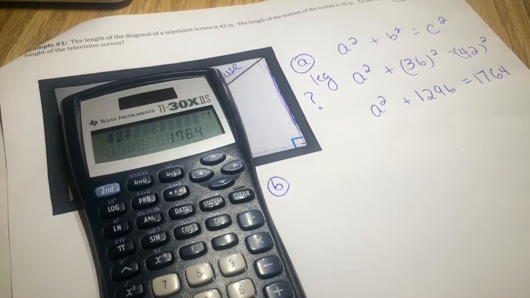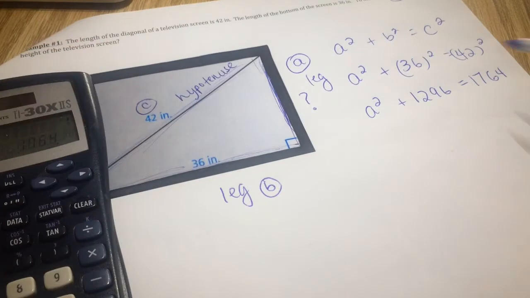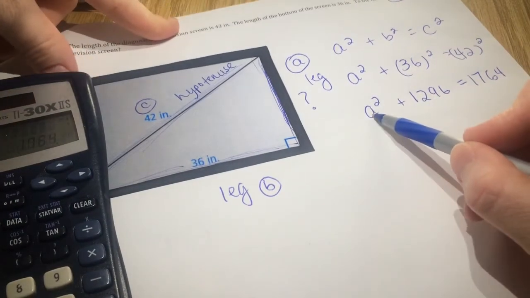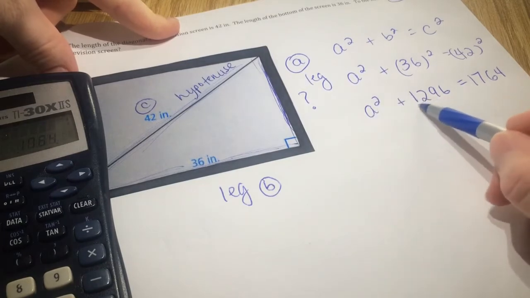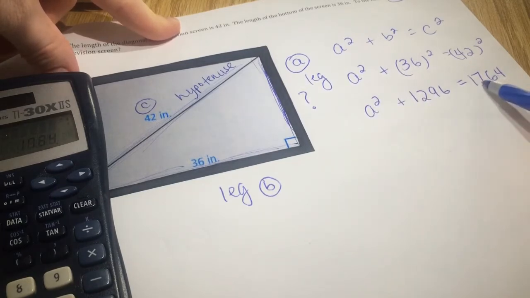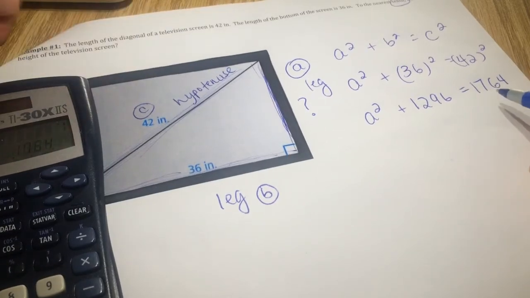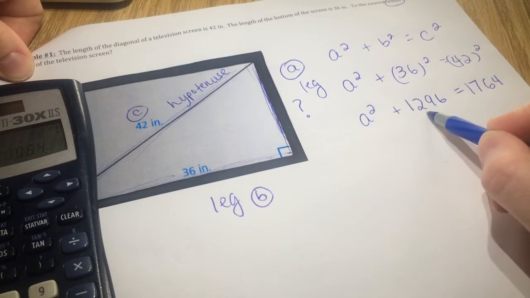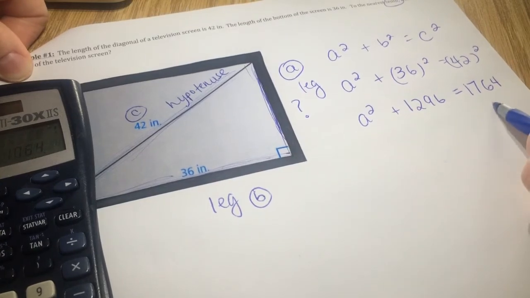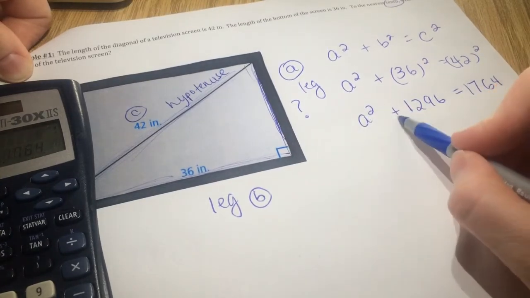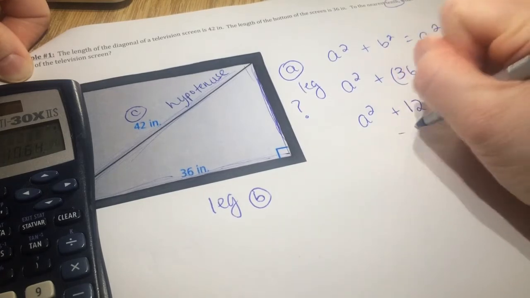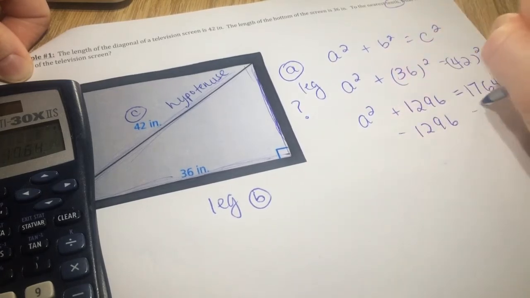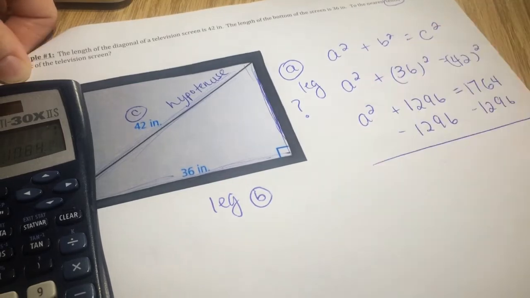This time it's a little bit different because we need to get the a by itself. We have a squared plus 1,296 equals 1,764. To get a by itself, we have to get rid of this 1,296 and bring it over to the other side. Since it's a squared plus 1,296, we're going to subtract 1,296 from both sides.